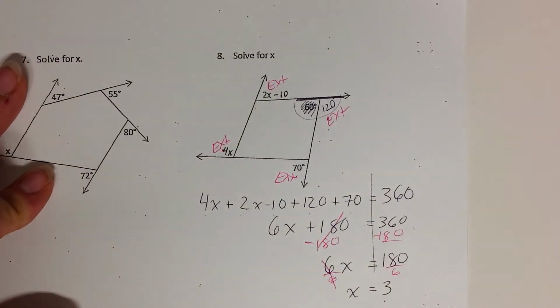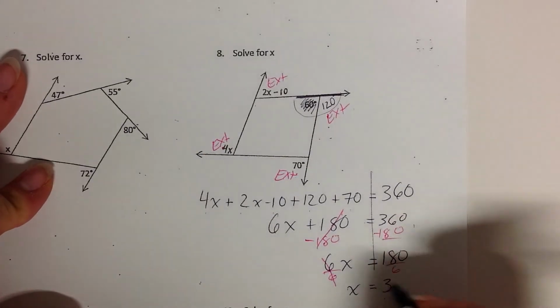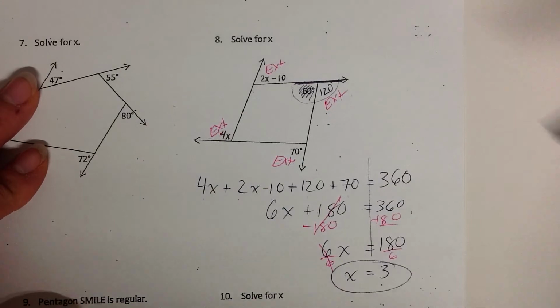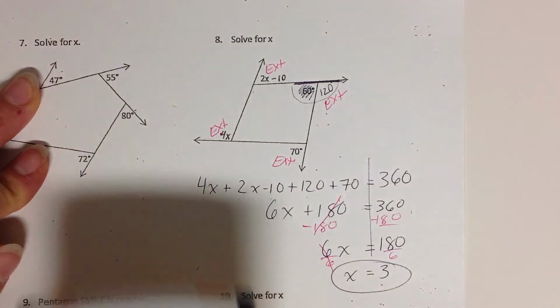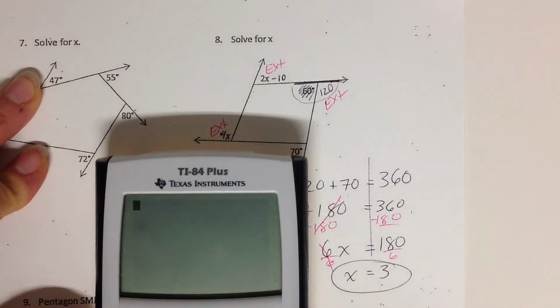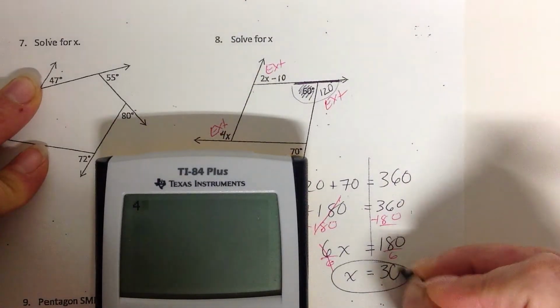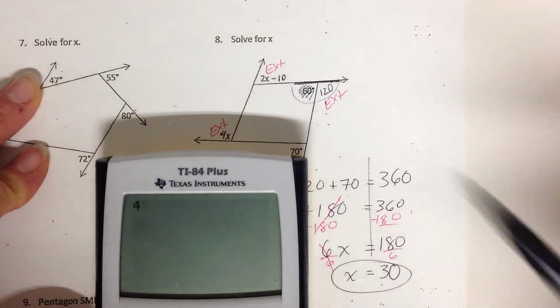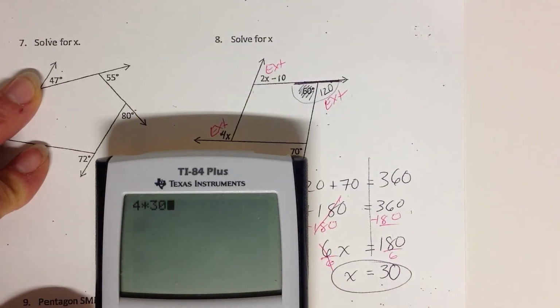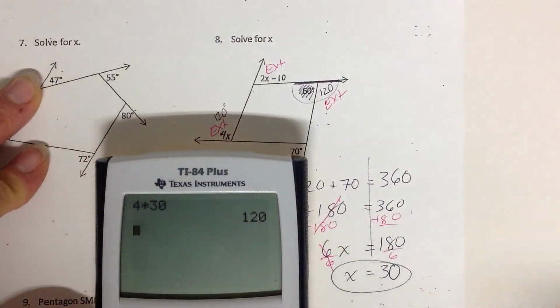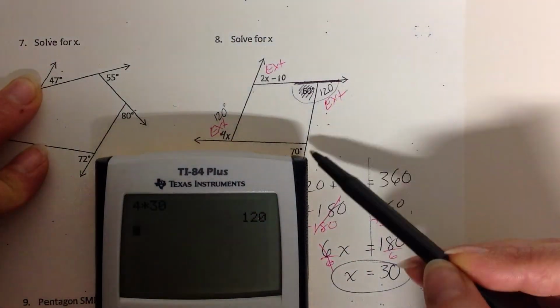Okay, the direction just asked me to solve for x, so technically I am done, but this is very easy to check. If you're my student, you know I'm always on you about that. It doesn't take much time when you have a calculator. 4 times 30, good thing I checked, is 120. That's 120. That was 70.